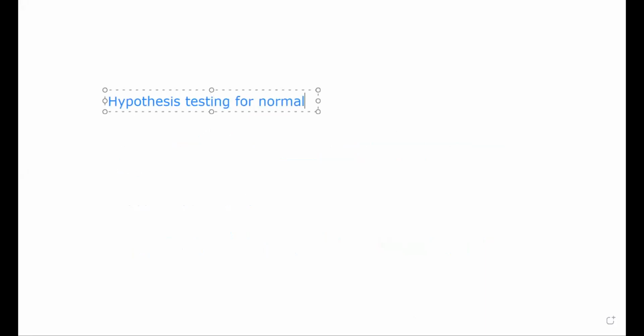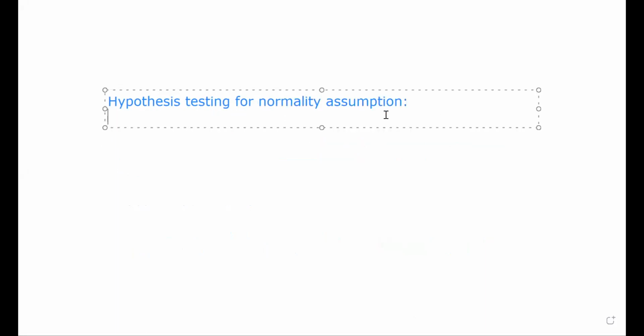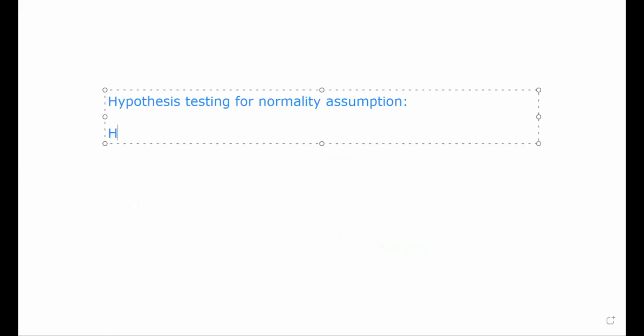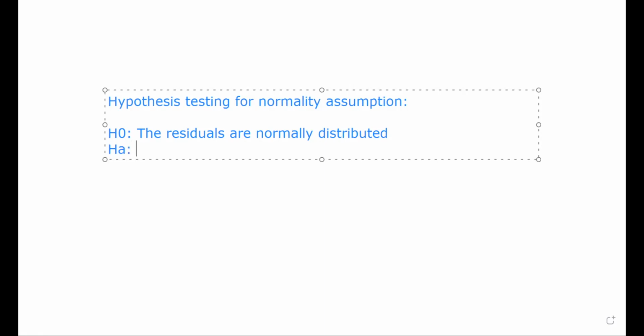For the normality assumption, the null hypothesis is that the residuals are normally distributed. The alternative hypothesis means the residuals are not normally distributed.